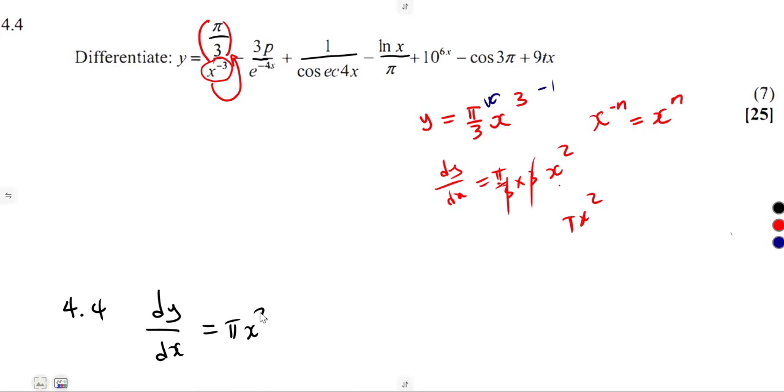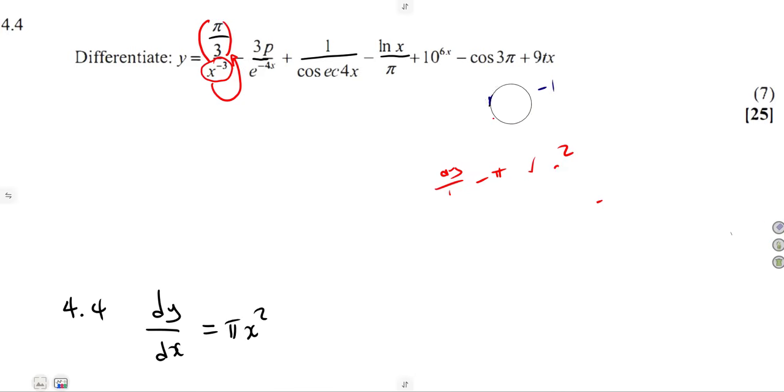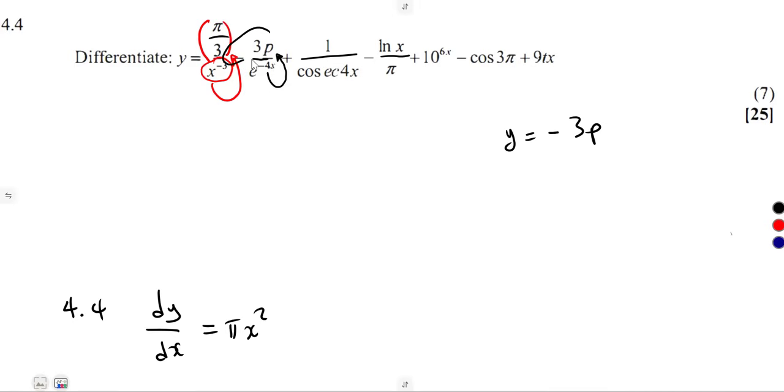We do the same for the next. As we can see, it is the same concept. The e is raised to the negative, so let's take it up. That's y is equal to negative 3p e to the exponent of 4x, where we can properly differentiate with respect to x.